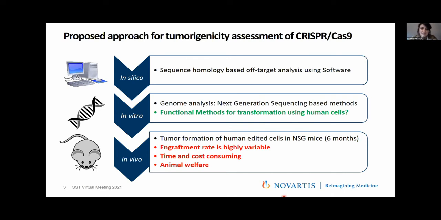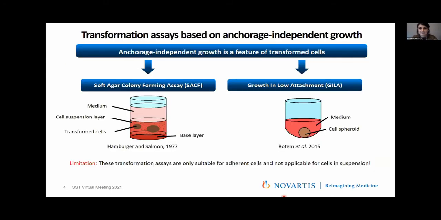However, it has been shown that the engraftment rate of human tumors in NSG mice is highly variable depending on the tissue type and the aggressiveness of the tumor. And they are also time and cost consuming, and they bring discomfort to the animals. So in this case, it would be very advantageous to have an in vitro system that can detect the functional consequences of the off-targets. So how did we develop such a system?